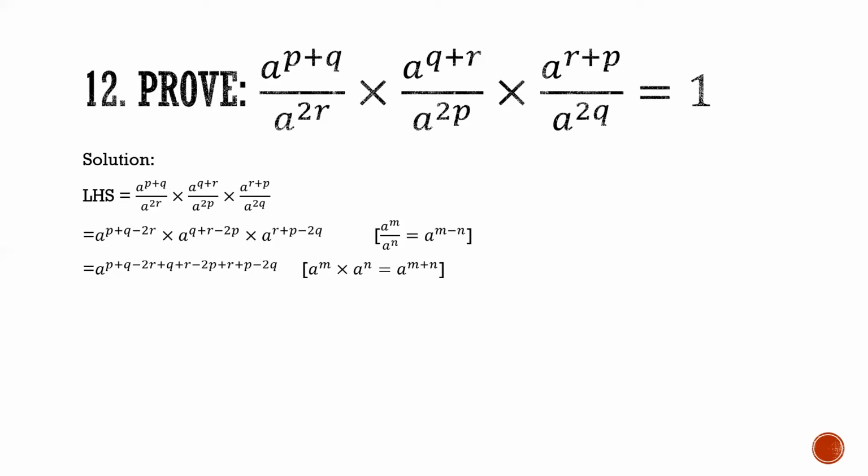So all we have is a to the power 0, and we know if a is not equal to 0, then a to the power 0 is equal to 1. So from that law, a to the power 0 is equal to 1, which is equal to our right hand side. So this is our solution of number 12.